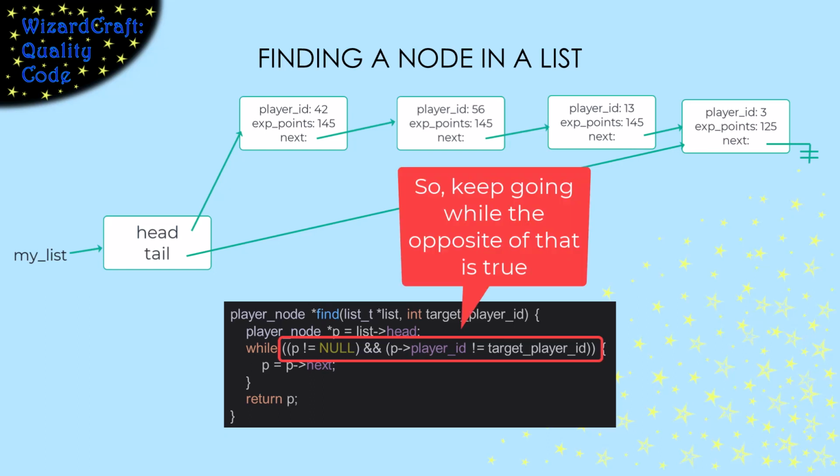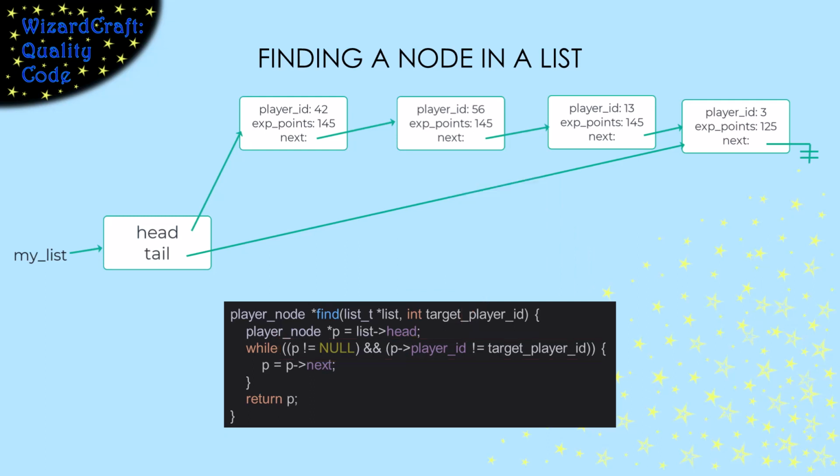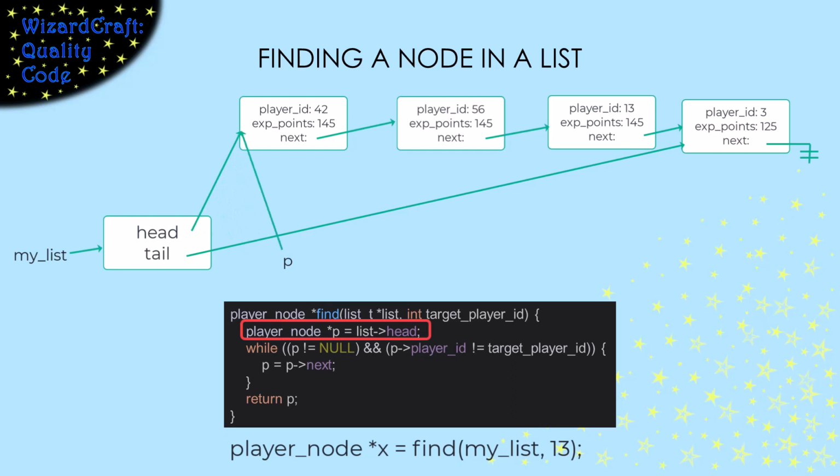Let's watch this work on this list and say we're looking for a player ID of 13. So, our call to find would look like this. We're going to use a local variable p to walk through the list, so we start it where the list's head is pointing. We check our condition: p is not null, and the player ID it is pointing at is 42, which is not the one we're looking for.